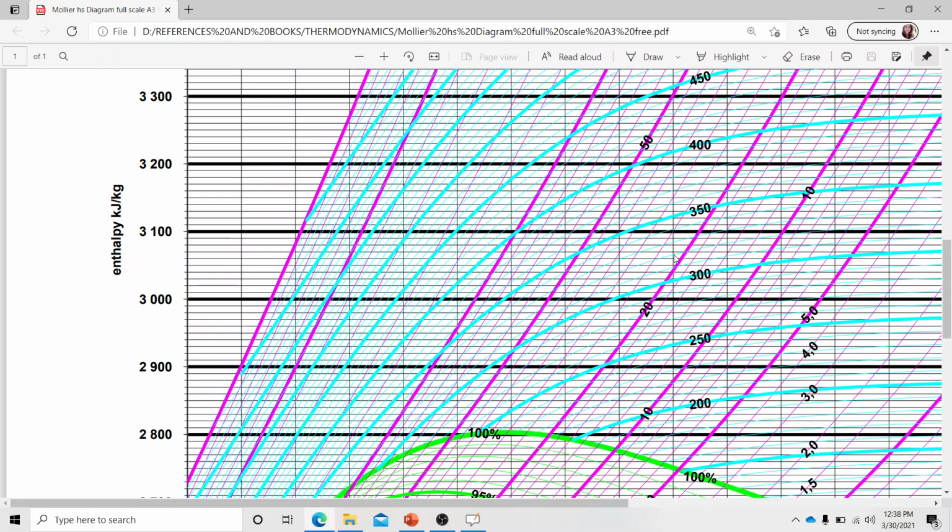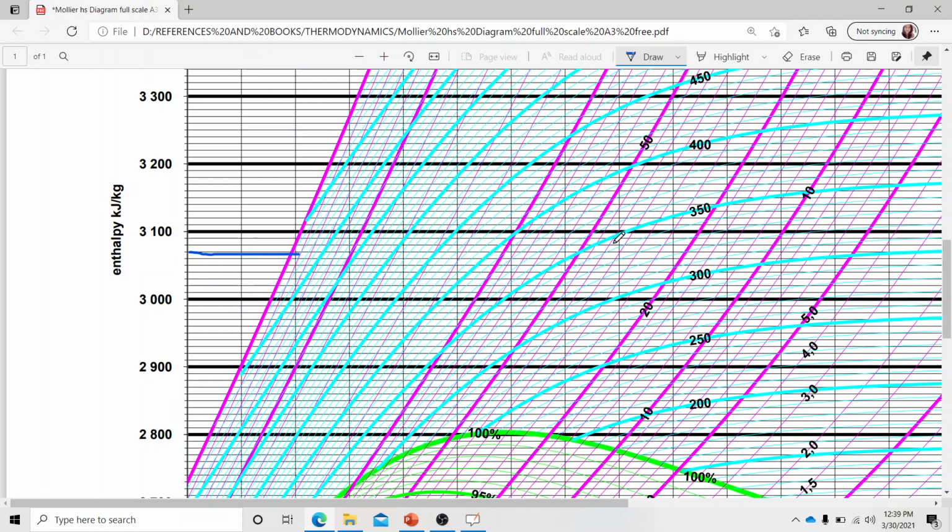Ito siya banda. So, ang temperature niya is 310. Kung 300 to, 310, 20, 30, 40, 50. So, tama. So, around, kung ito yung 3,070, etong part na to, sulatan natin. Yan.